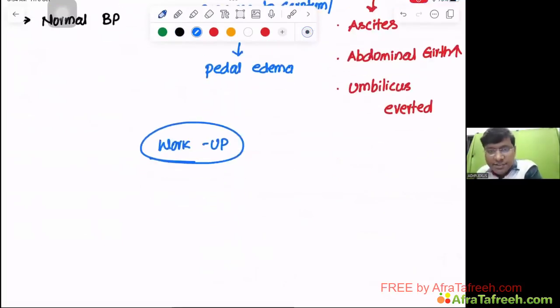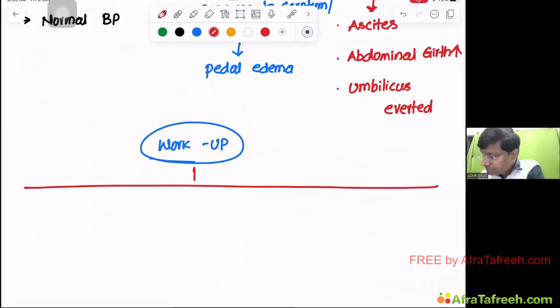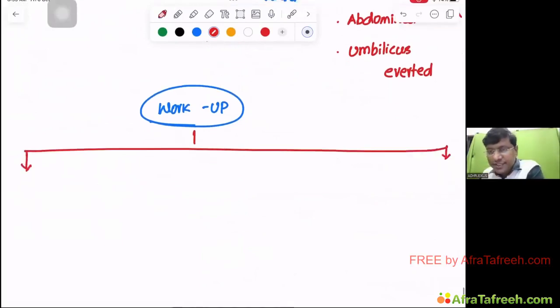Yesterday we were discussing diabetic nephropathy. What are the glomerular lesions in diabetic nephropathy? You have diffuse and nodular. But which is more common between these two?